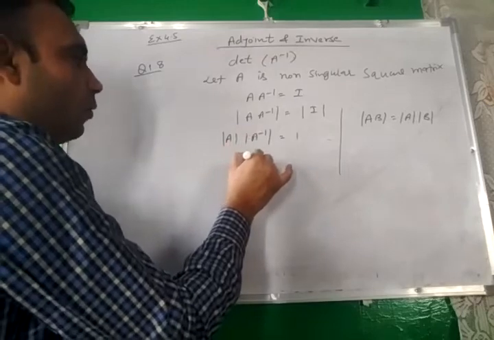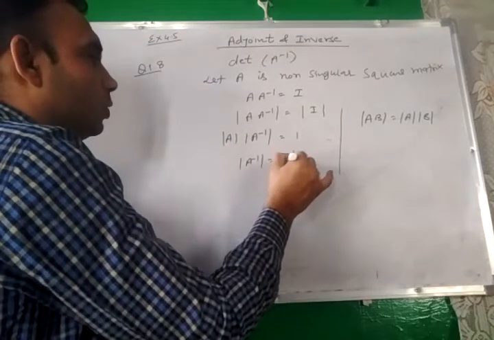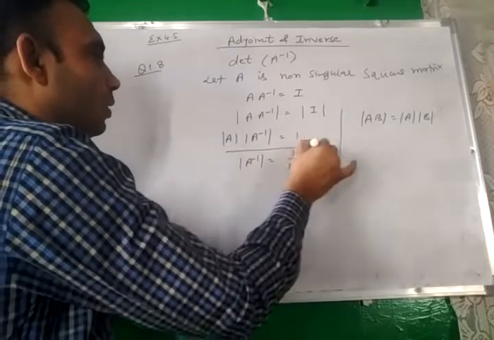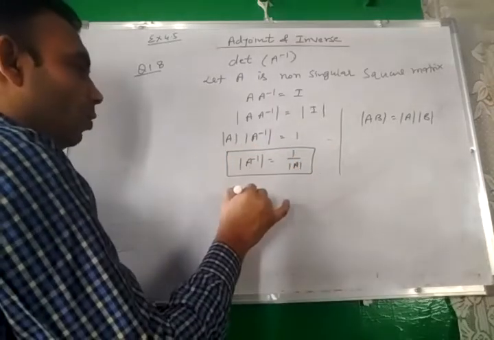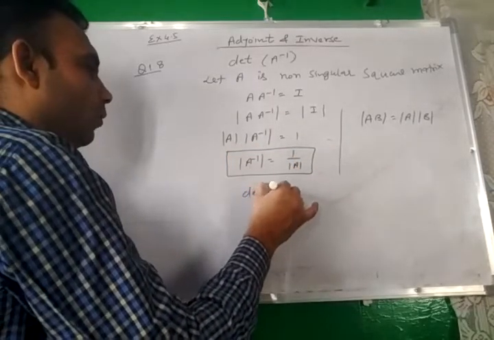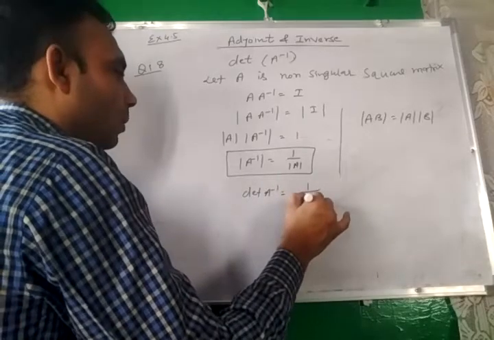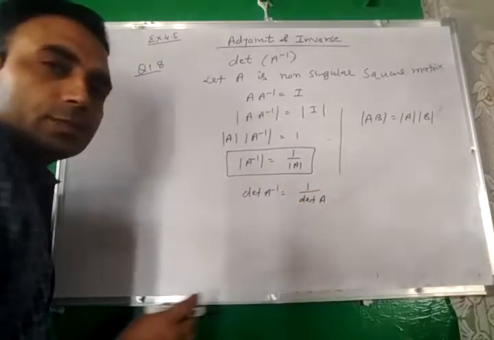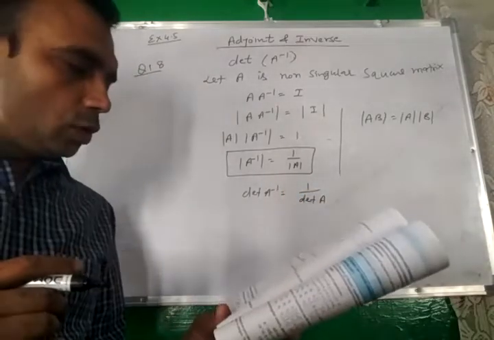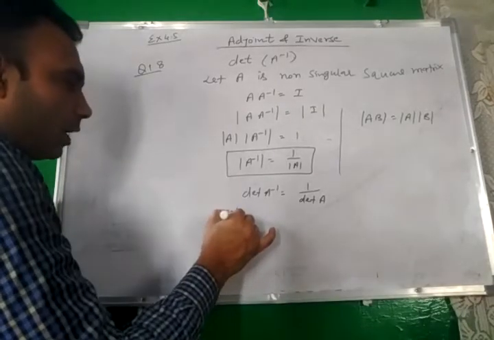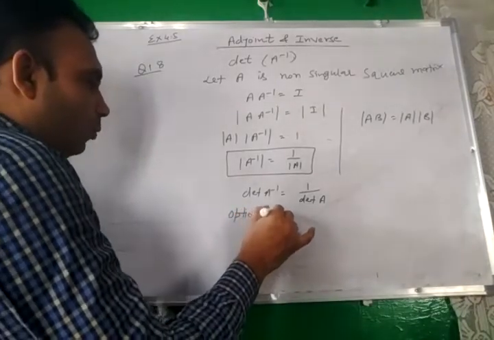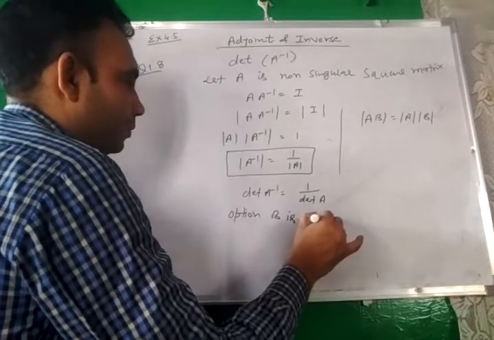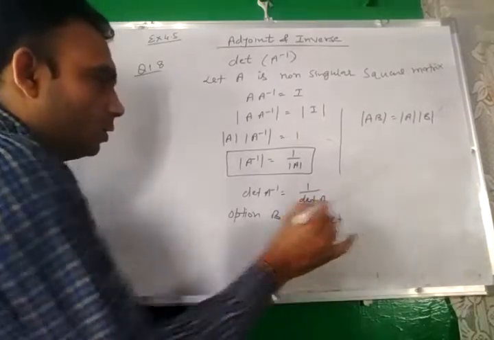So determinant of A inverse is equal to 1 upon determinant of A. So option B is correct.